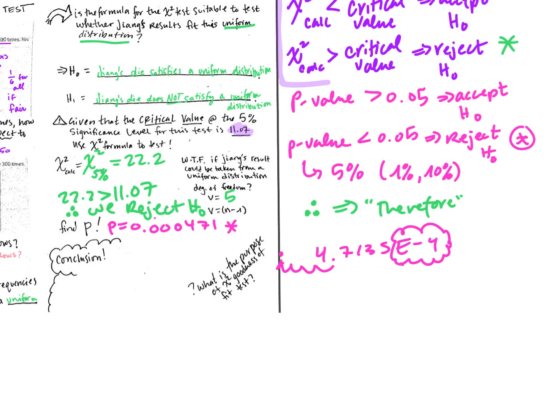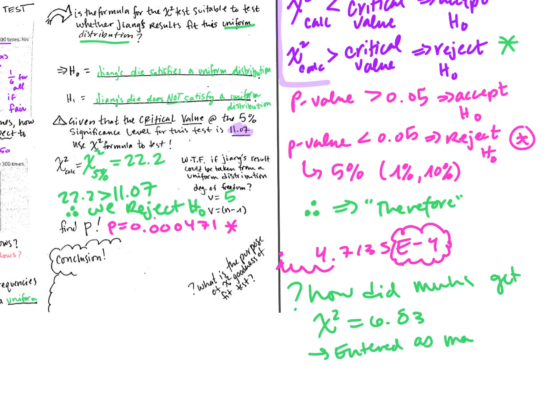How did we get 6.83? Great question. How did I, it was me, get chi-squared equals 6.83? Well, I entered them as matrices, and I didn't need to do that.